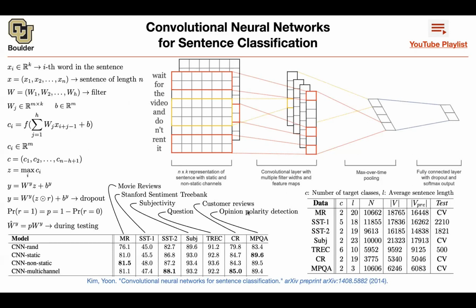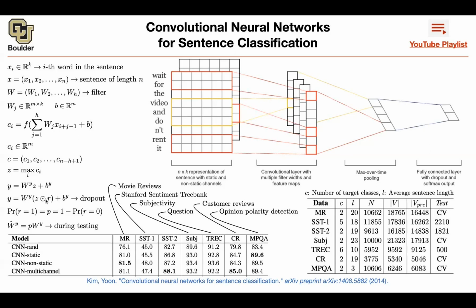Probability that you drop any connection, and then you just multiply all the weights by that probability. Yes, exactly. So whenever you hear the term dropout, just separate these two in your mind. Training, are you talking about training or are you talking about testing? If you're talking about training, things are going to be random. Each data point that goes in, each sentence that goes in, is going to see a random configuration of your neural network.